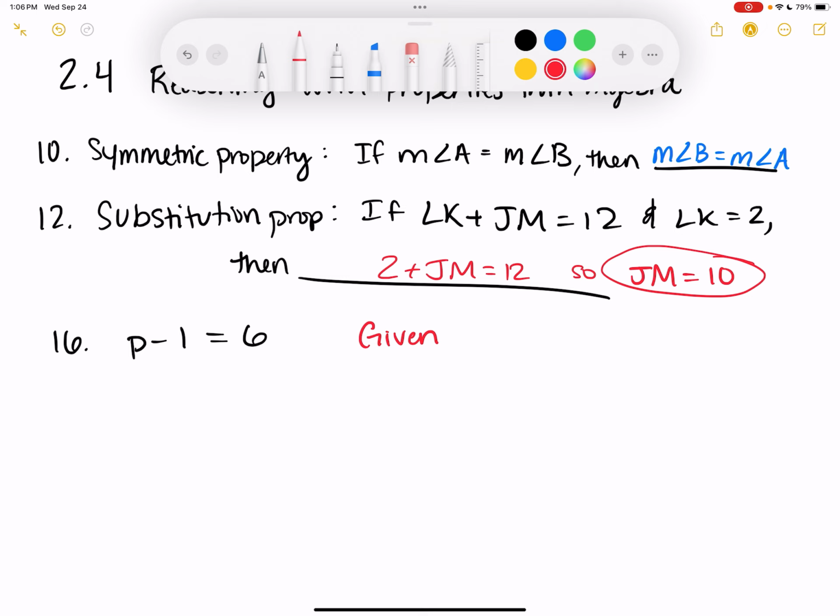If I'm trying to solve for the variable, because that's what they want me to do, I would add 1, so I would get p is equal to 7, and that is the addition property. So abbreviating it like that is fine. If you look in the book, it's going to say of equality. If you don't write the of equality part, that's fine. I'm not going to be picky about that.